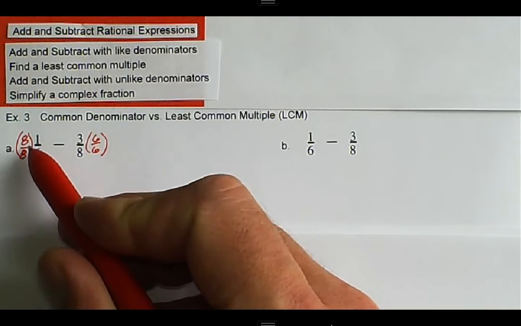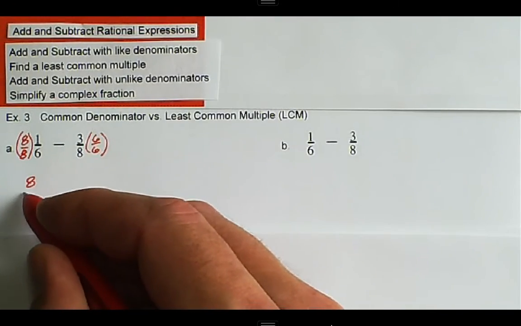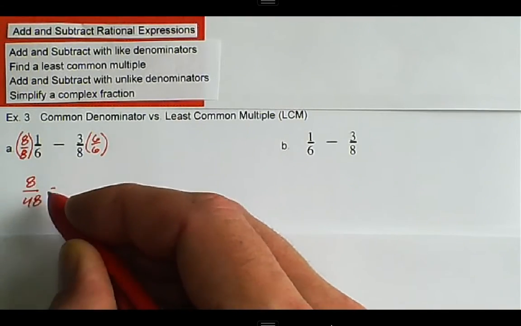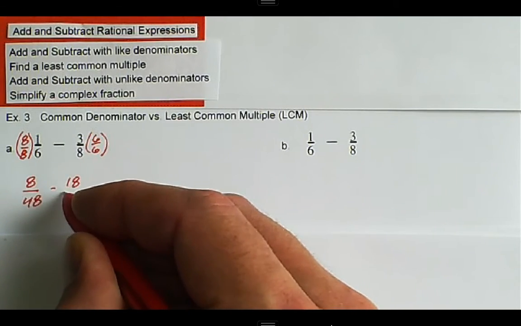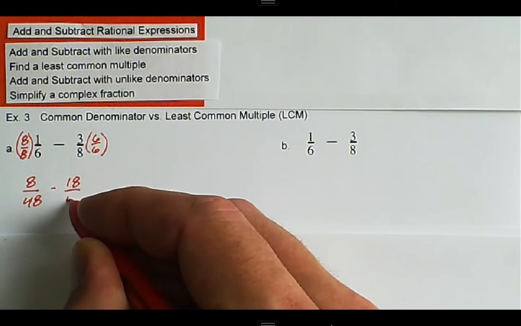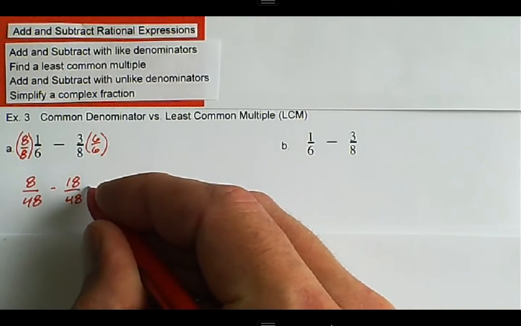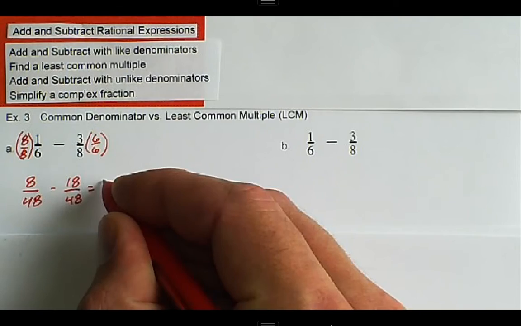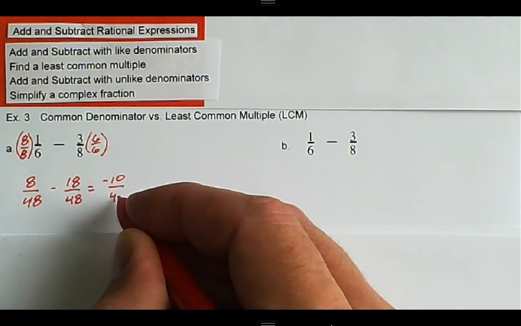So here, 8 times 1 is 8. And 8 times 6 is 48. Minus 3 times 6 is 18. And that is still 48. So then we can figure out that we have negative 10 divided by, we leave the denominator alone.